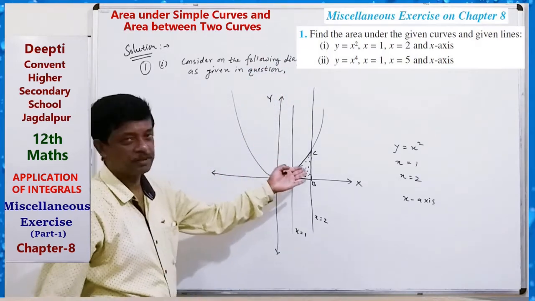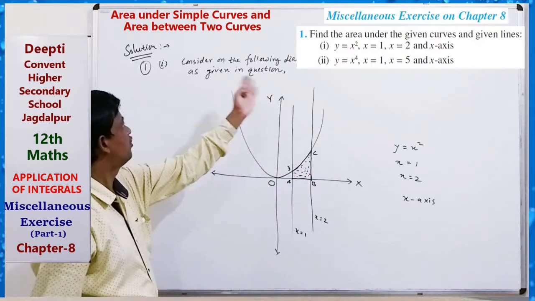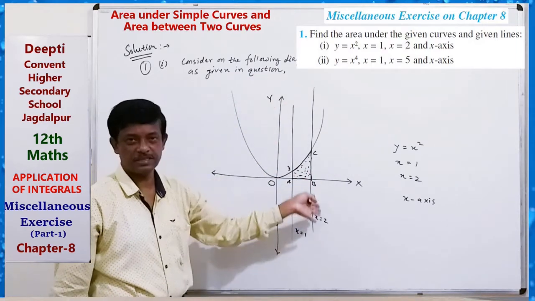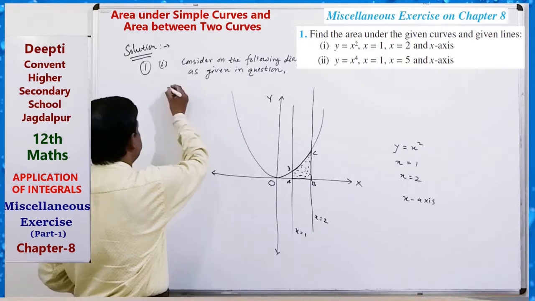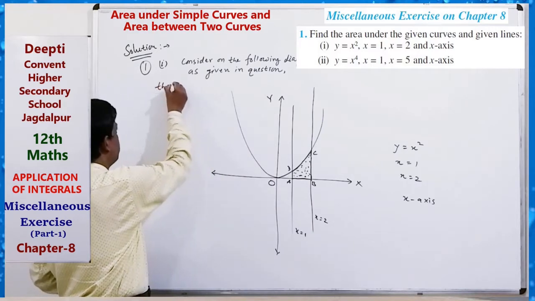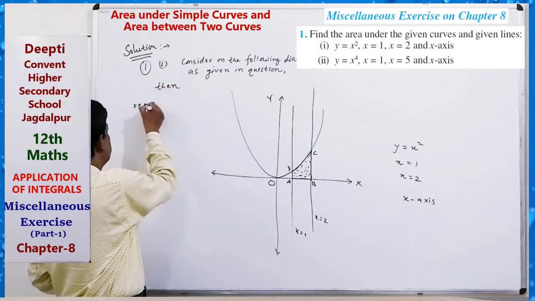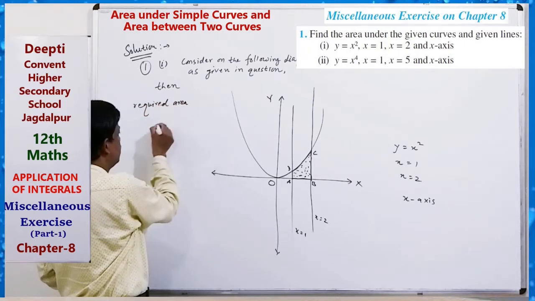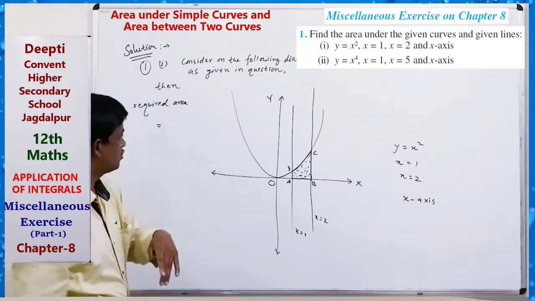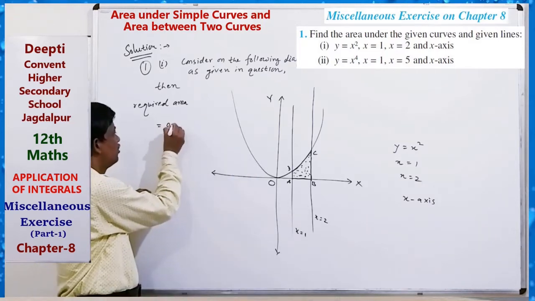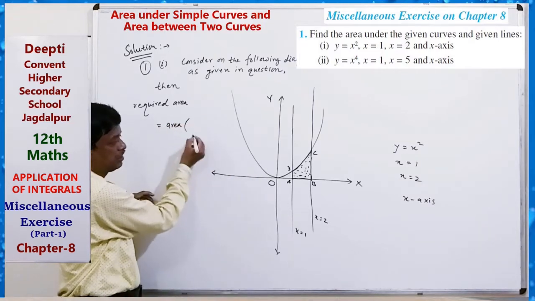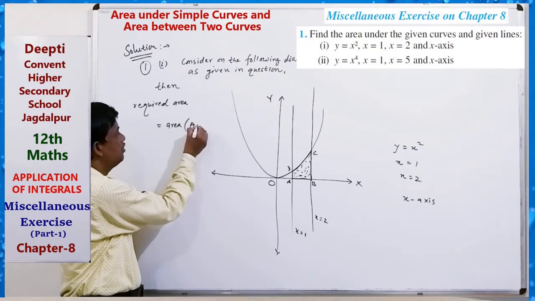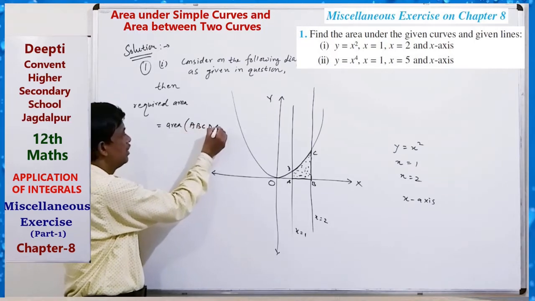Then draw the diagram and write, consider the following diagram as given in the question. Then the required area is equal to the area of A, B, C, D, A.